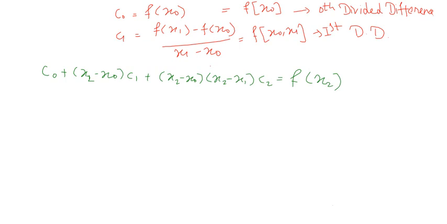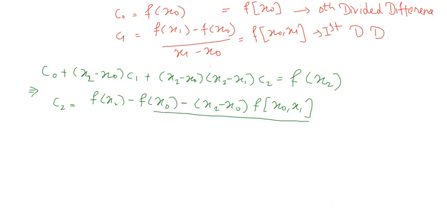So if you use the previous values, what you will obtain is C2 equals f of x2 minus f of x0 minus x2 minus x0 times C1, where C1 is denoted as f of x0 comma x1, divided by x2 minus x0 times x2 minus x1.